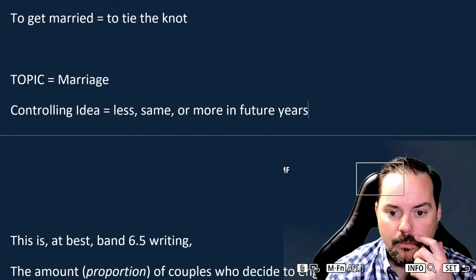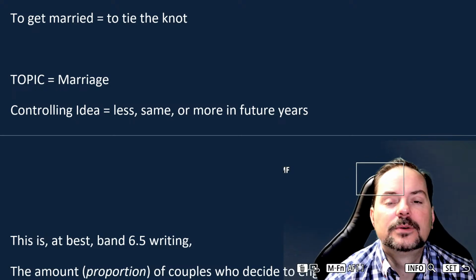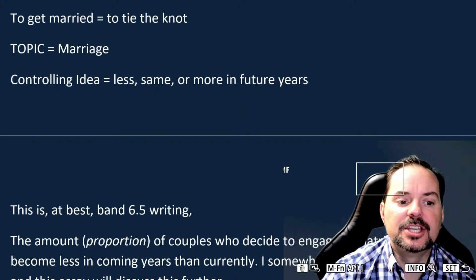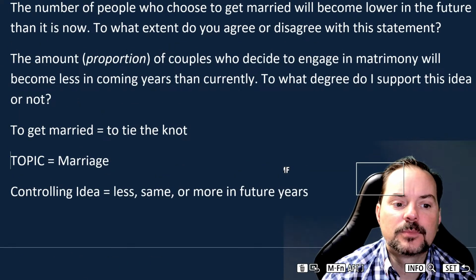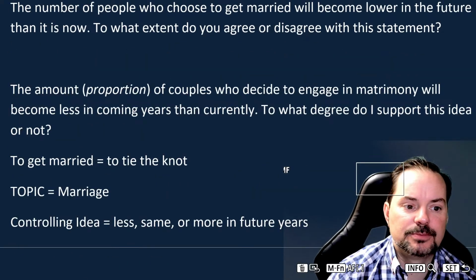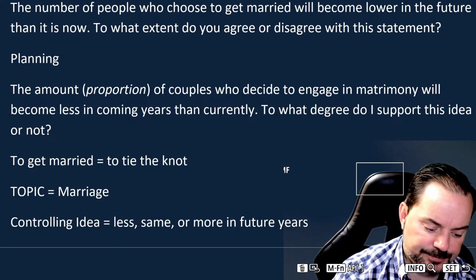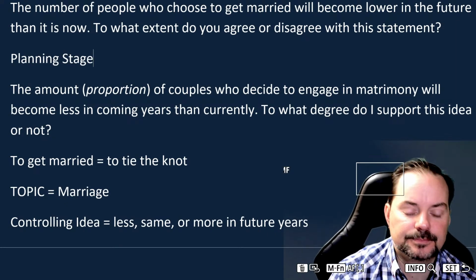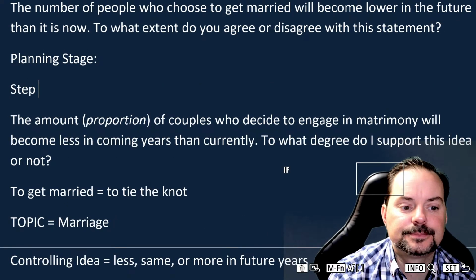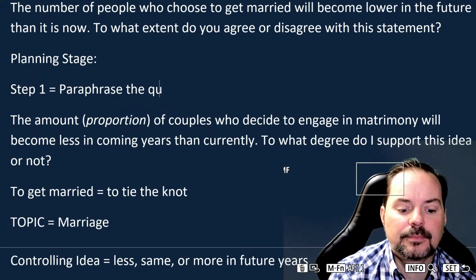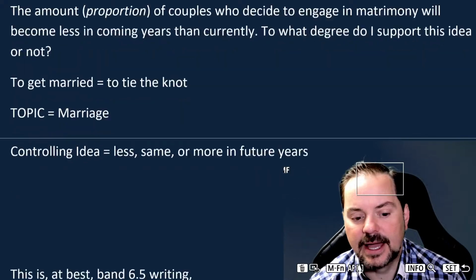Okay, so that's kind of where we're going for here. So we're still in the planning stage here. Okay, and this is all part of the planning stage. Okay. So that's where we're at.